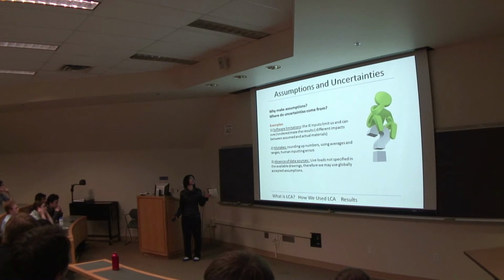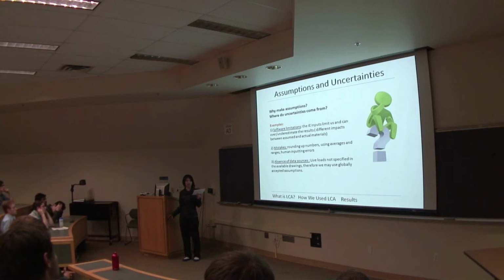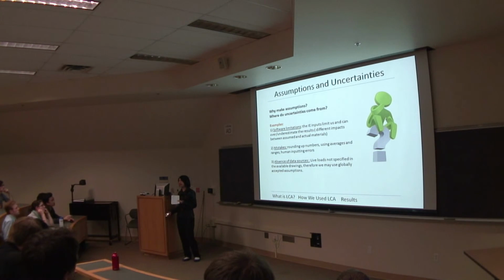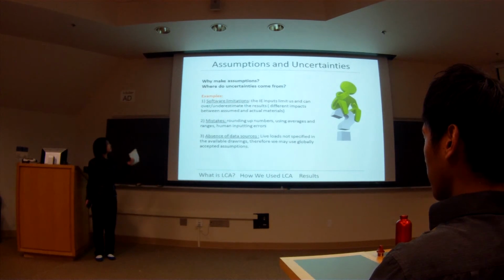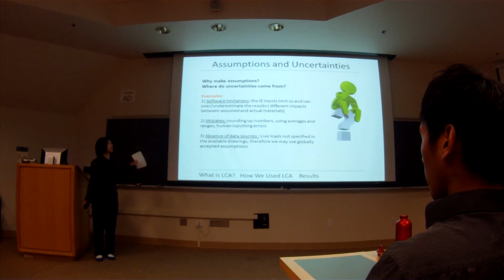So our assumptions and uncertainties will come from software limitations, such as, say, a particular wall is made up of a composite, but the Athena Impact Estimator doesn't have this selection within their program. So we have to use another way and make our assumptions in order to incorporate this into our building material. So this could lead to overestimating or underestimating results.